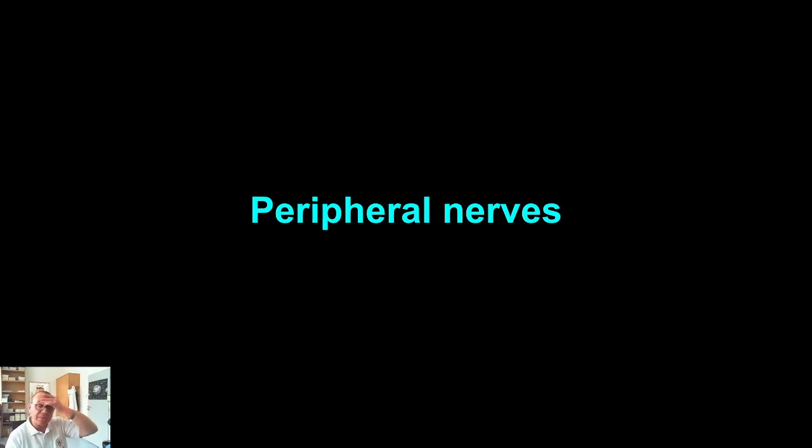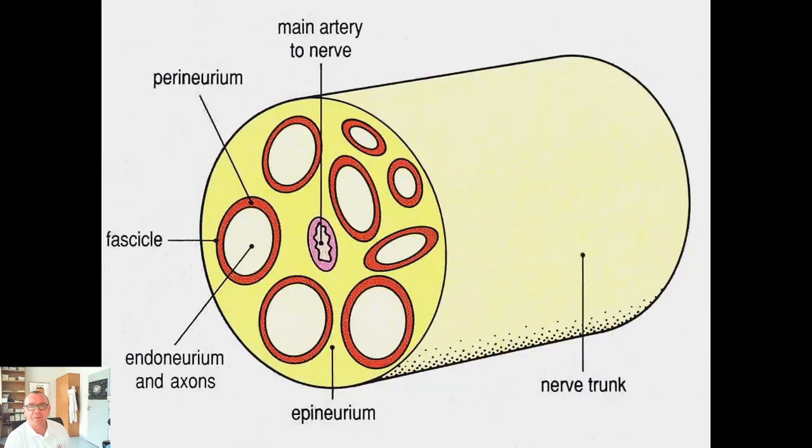So we are leaving CNS and its envelopes, and we can look at peripheral nerves. Peripheral nerves are composed of bundles of axons. So there are no bodies of neurons, they are just bundles of axons. These bundles of axons can be multiple, or the small nerve can be composed of only one bundle.